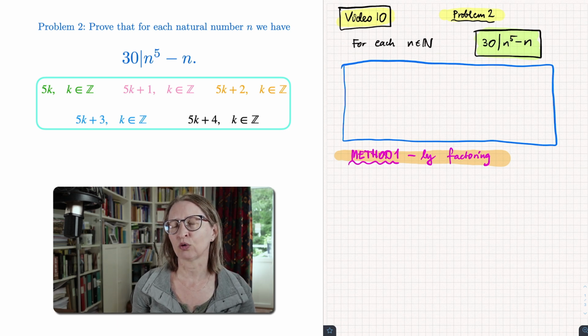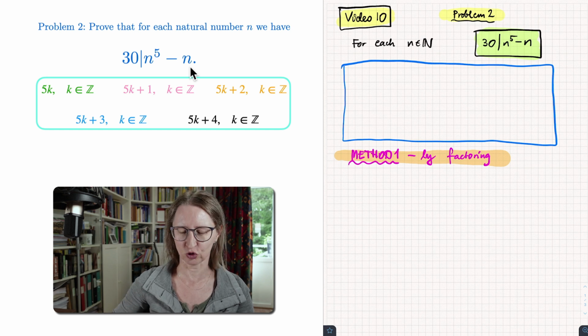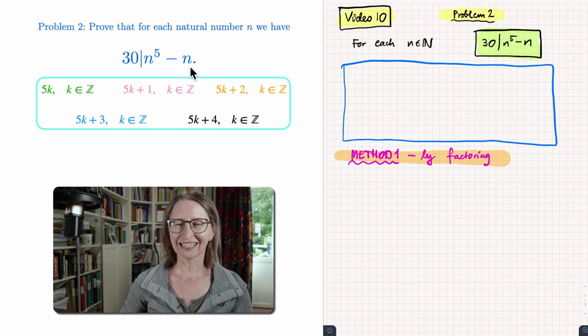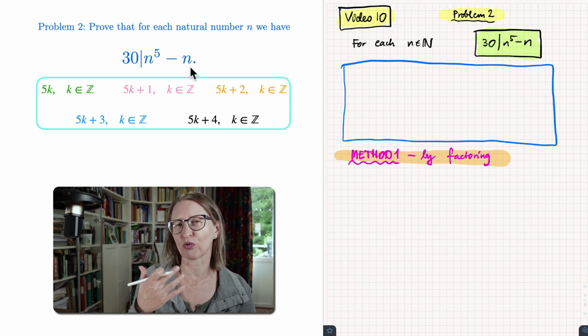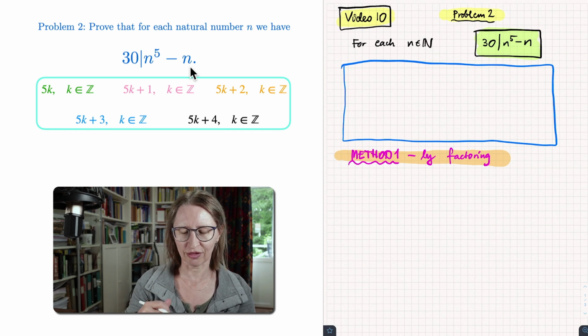This particular problem was not included in my course about proofs by induction, but sure, you could prove this statement by induction if you want to. Now I will start by writing down a common part for both method 1 and 2, and then I will continue with the two methods separately.